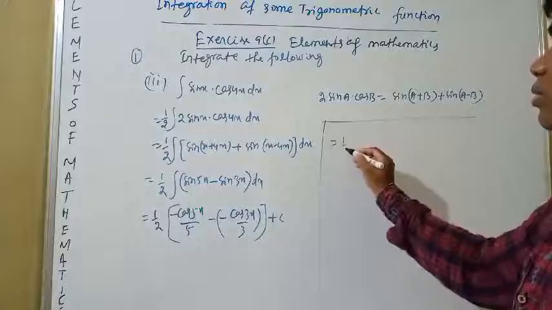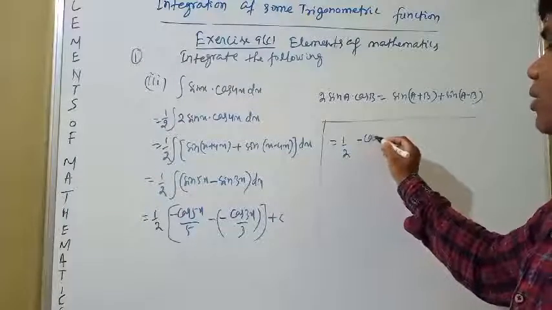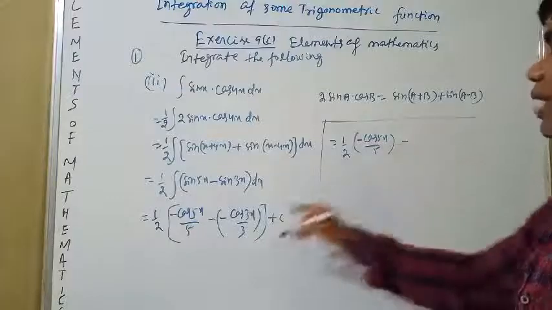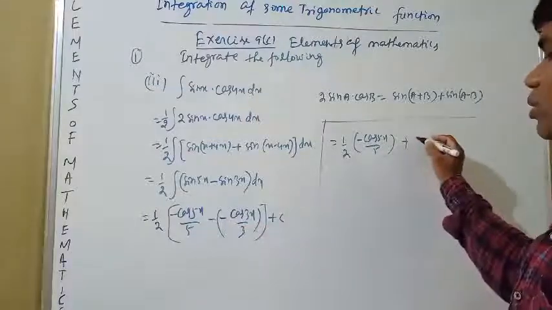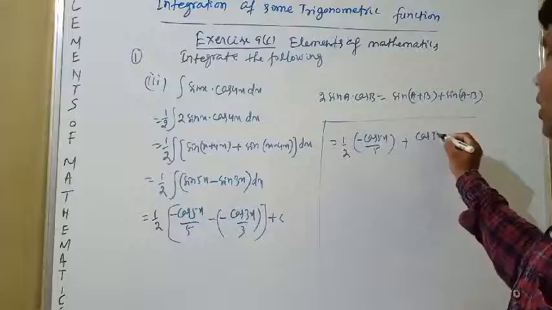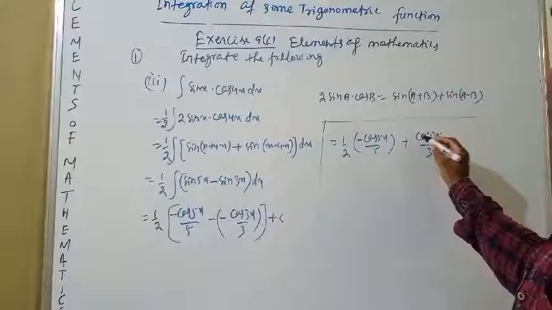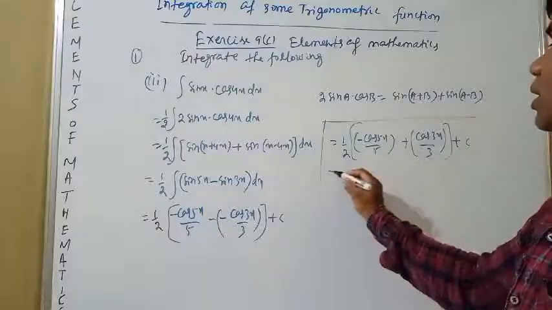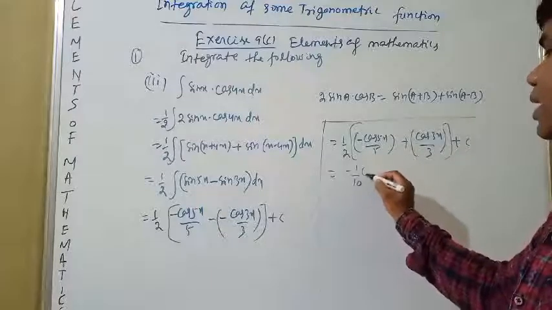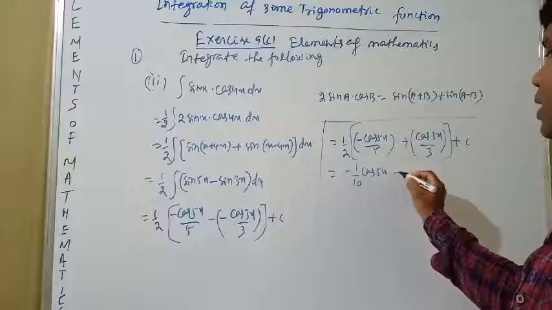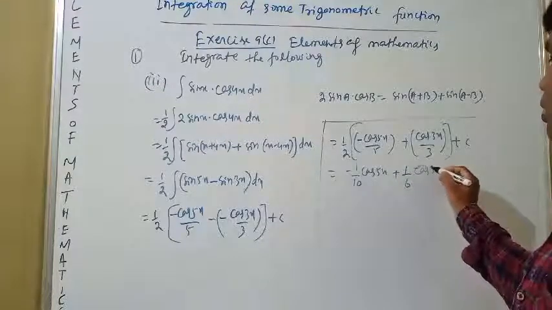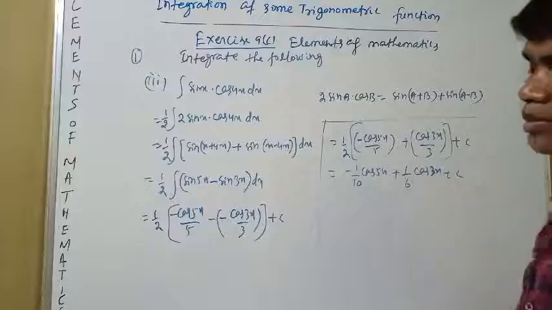Half into minus cos 5x by 5 plus cos 3x by 3, plus c, that is minus 1 by 10 cos 5x plus 1 by 6 cos 3x plus c.